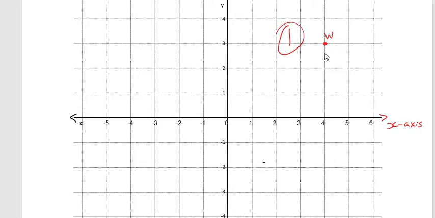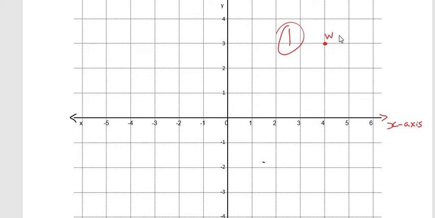In other words, you're moving parallel to the y-axis to meet the x-axis. What number on the x-axis will you actually stop at once you reach the x-axis? Is it 4? Yes, 4 is correct. So your location via the x-axis is 4.